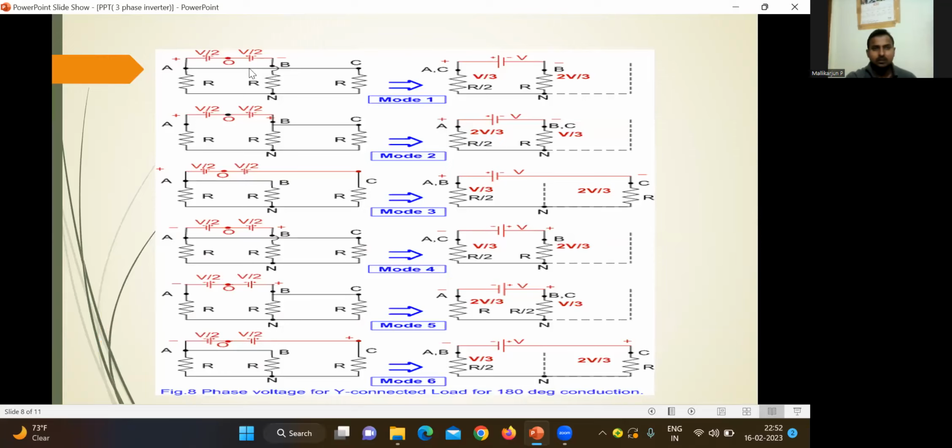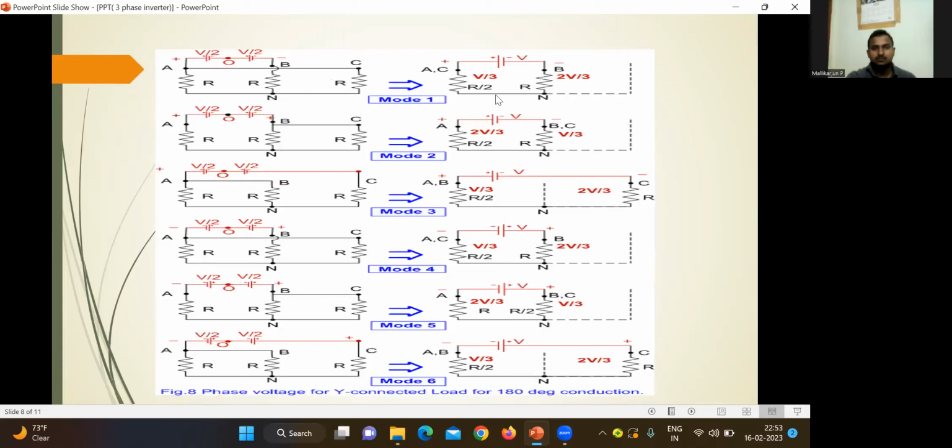You can draw the equivalent diagram for mode 1 operation: A, B, C, and this is the star connection with VAN, VBN and VCN across the resistors, and the voltage is divided into two parts, V by 2 and V by 2.